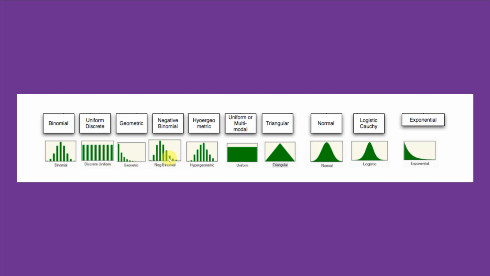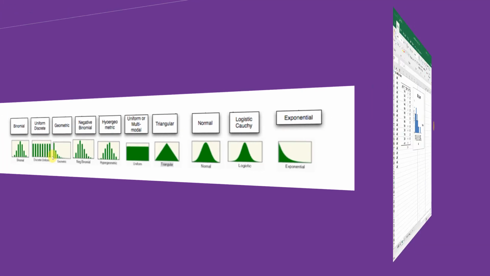And then there's continuous variables in which the histograms do not have spaces. And most commonly for continuous, we have the normal distribution, and there's the exponential you may have seen. The triangular and the uniform are quite common. And again, those are replicated over in the discretes with a discrete binomial, discrete uniform, and discrete triangular, etc.